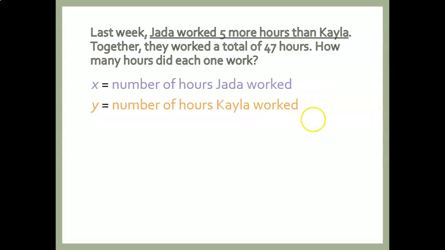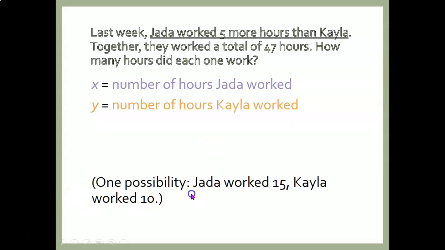If you can't see how to do that right away, it might help to think of what actual numbers might work. For example, maybe Jada worked 15 hours and Kayla worked 10. That would be one way this could be true, that Jada worked 5 more hours than Kayla. Those probably won't turn out to be exactly the right numbers, but this number has to be 5 more than this number.